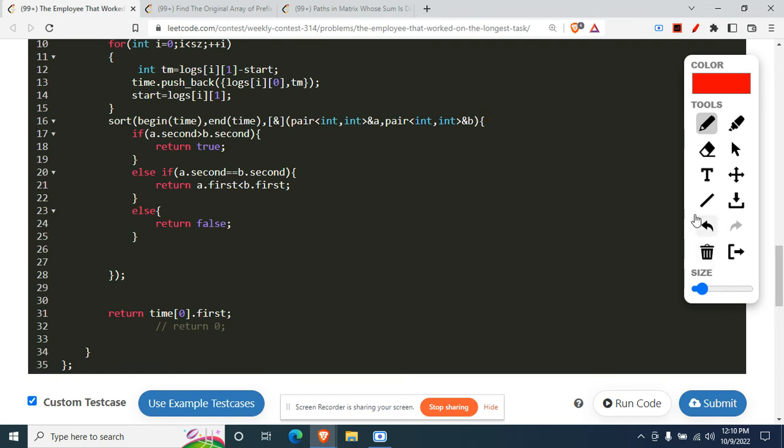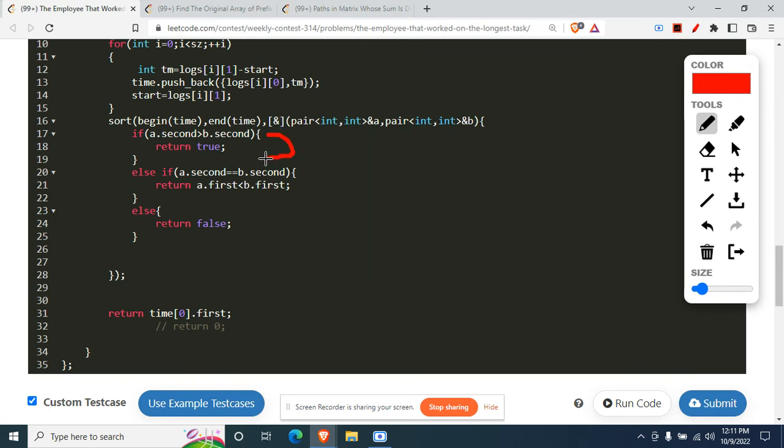And by the way, this is a lambda function, so you can also write a comparator, but this is a way in C++ in which you can write your sorting comparator right here. If you don't know about this, just search lambda functions in C++ and you'll understand this part. So all I've done is taken a comparator right here, that is the first and the second one.